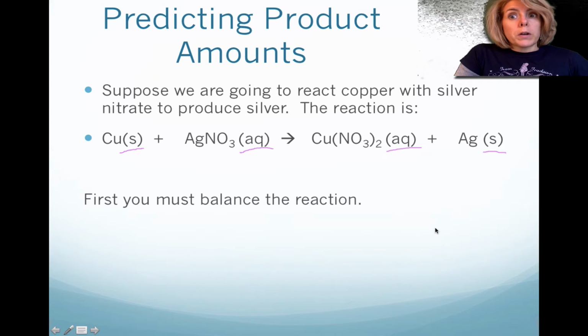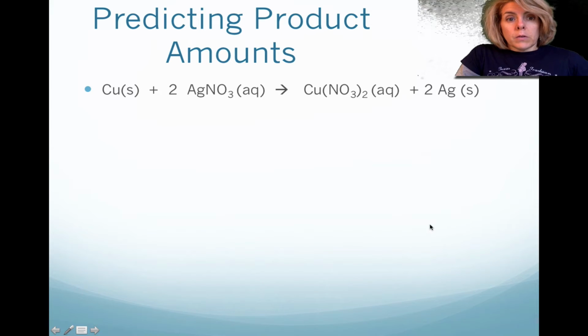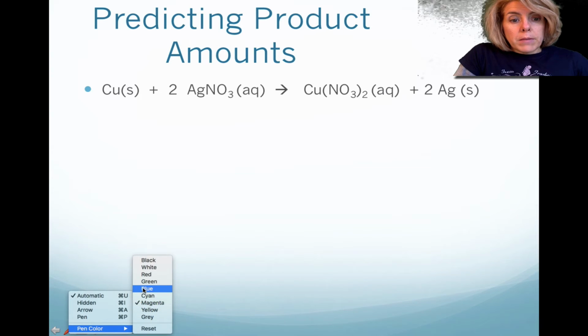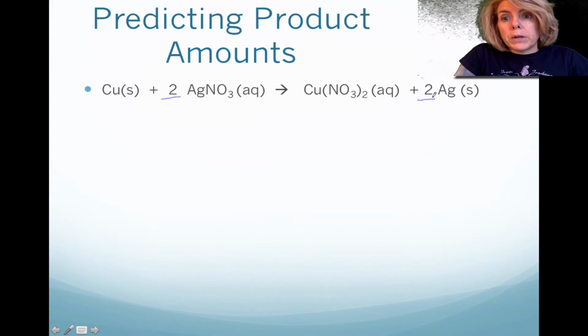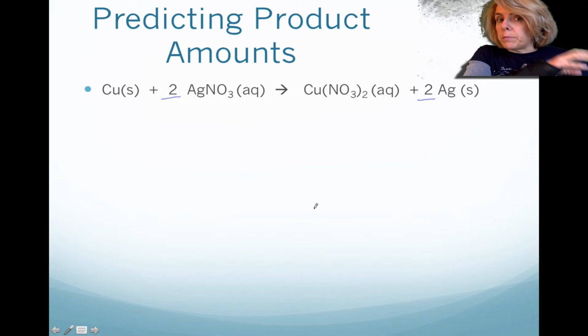We have to look at what are the coefficients. So once again, we have to make sure that the amount of reactants equals the amount of products. So here we had to add the coefficient of 2 in front of silver nitrate. So hopefully from your naming, you remember what these compound names are. And we had to put a 2 in front of silver to make sure that the amount of reactant atoms equals the amount of product atoms.